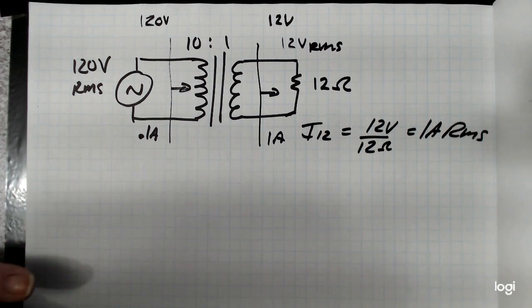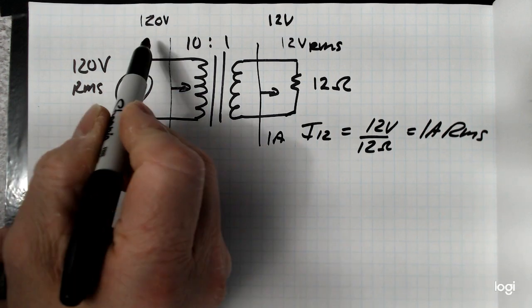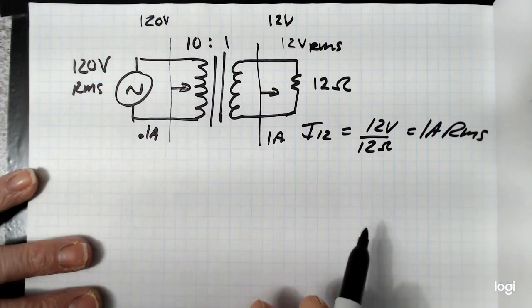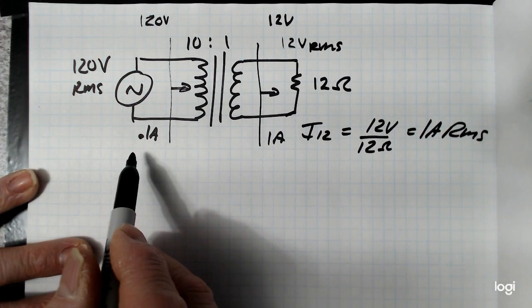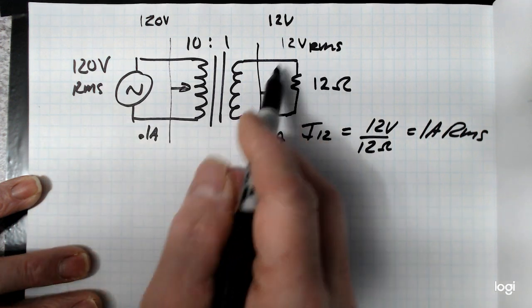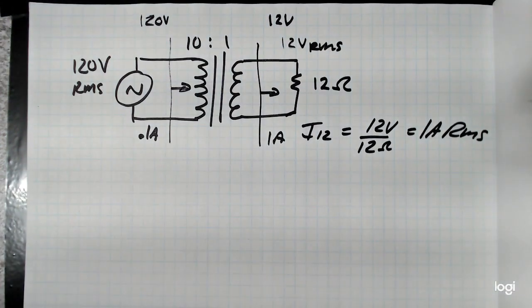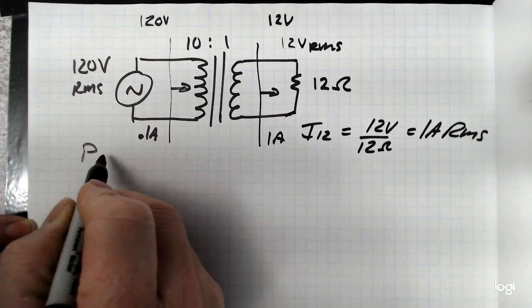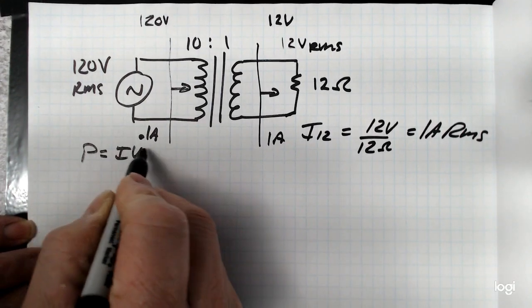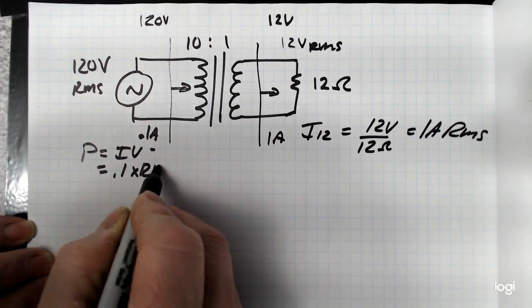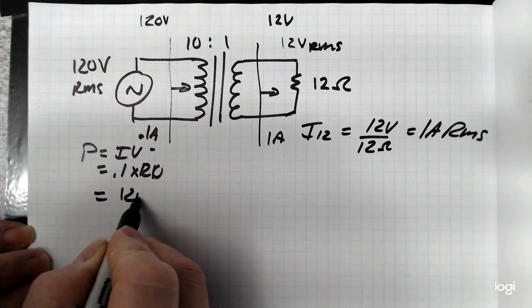And I can rationalize that because a transformer is very efficient and it doesn't have much power loss. So the power that's being put into the circuit has to be what appears in the 12 ohm resistor. So at this point here, power is IV equals 0.1 times 120, which is equal to 12 watts.